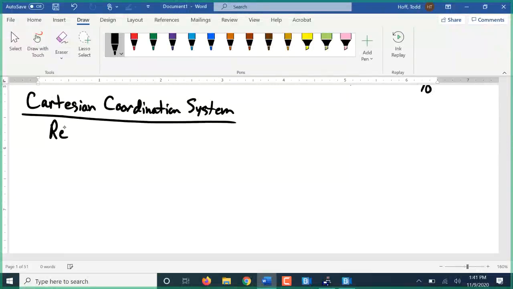It's typically called the rectangular coordinate system, because it really does start at a beginning spot and work out in rectangular shells from there.